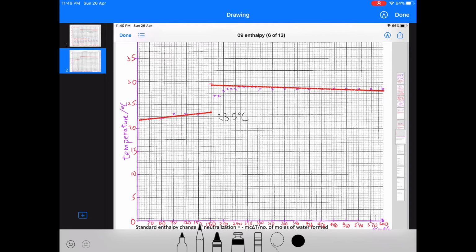And then the final reading is roughly equal to 29.2 or 29.3. Then you just do the subtraction, and this time delta T equals 5.7 degrees Celsius. And I can draw it better for you. The delta T should be this range, delta T.